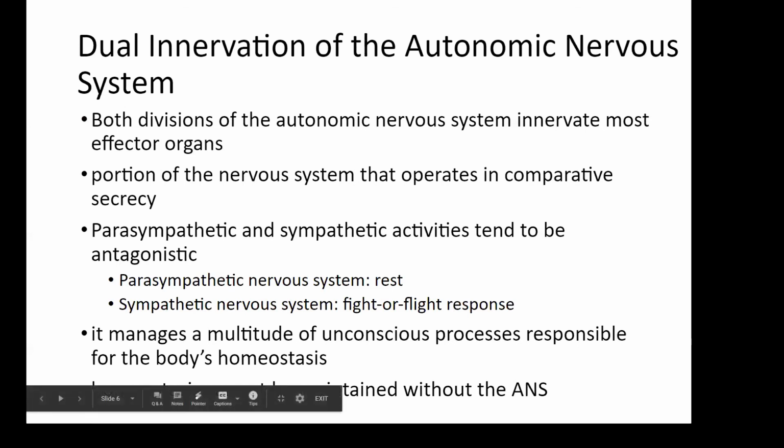Okay, so we're managing a lot of different unconscious processes related to homeostasis using our autonomic nervous system, both our sympathetics and our parasympathetics. We can't maintain homeostasis without the autonomic nervous system, because it's controlling the size of our blood vessels, it's controlling our heart, it's controlling our glands. So we can't make the important adjustments we need to make for homeostasis if this isn't working.